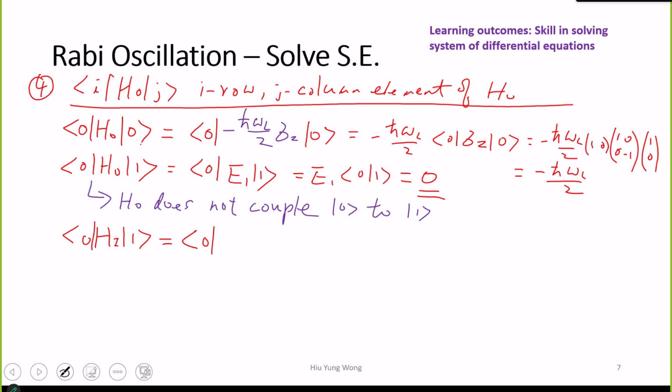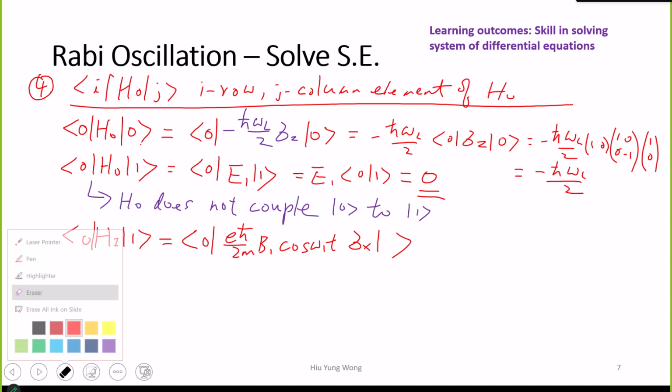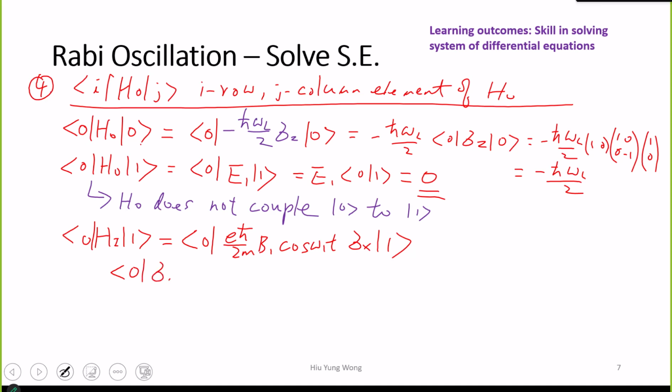Now, so I'm going to put eħ divided by 2m, B1 cosine ω1t, very long, but they are all scalar. Except that I have sigma x. Right? So I can take this out. So let's consider ⟨0|σx|1⟩.